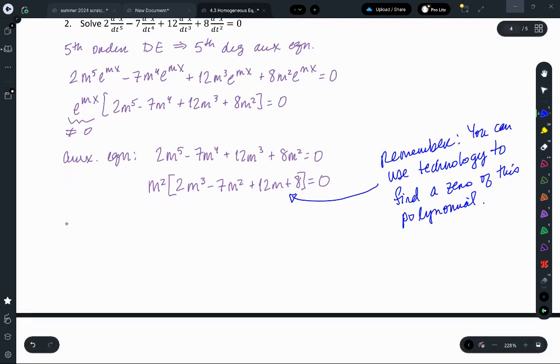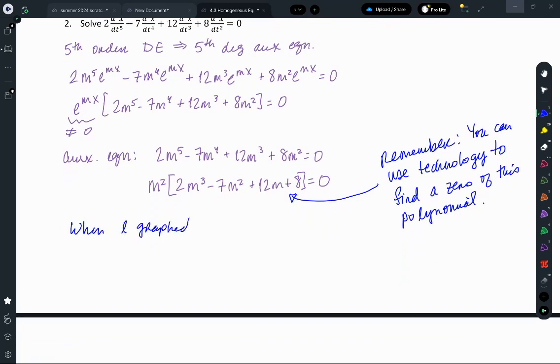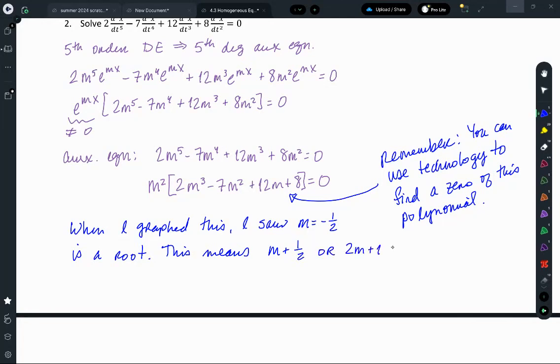Okay, so I graphed this. So when I graphed this, I saw m equals a negative 1/2 is a root. Okay, this means m plus 1/2 or 2m plus 1 is a factor.